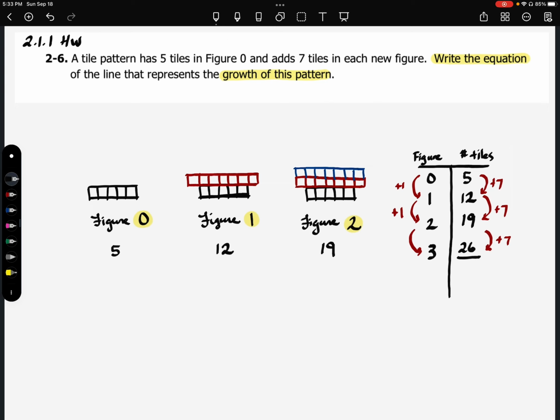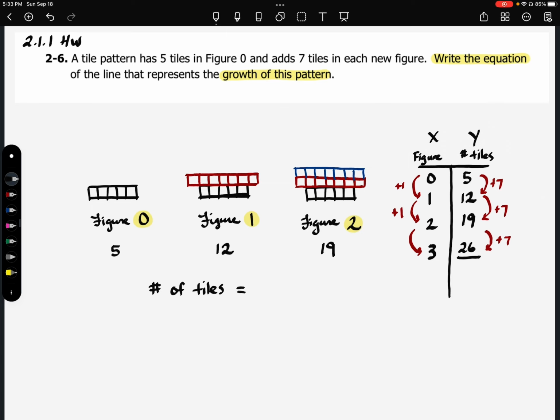Now, this table that I have drawn here is similar to an input-output table or an XY chart, right? So we're trying to come up with an equation that's going to represent the number of tiles for whatever figure we're in. So if we think about it, we have the number of tiles is like our output, okay?